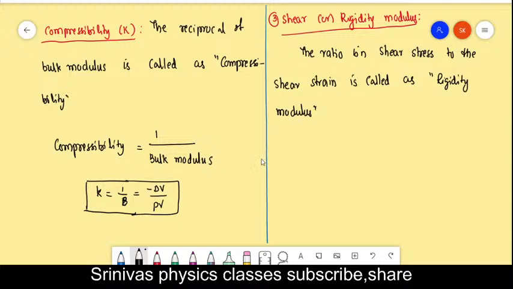Its formula: rigidity modulus is equal to shear stress by shear strain.